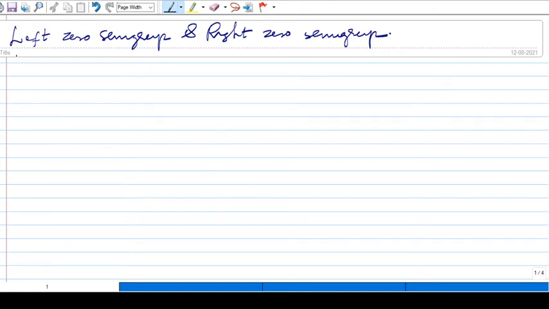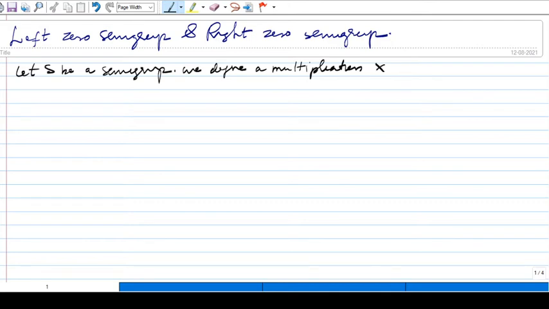So let S be a semigroup. We define a multiplication star as follows.